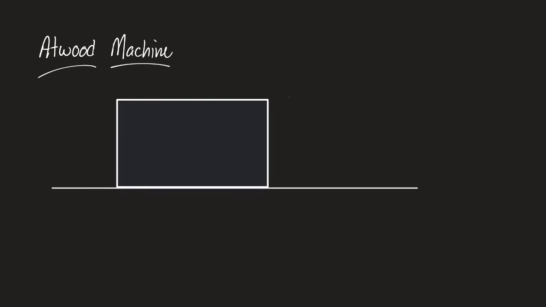So for a modified Atwood machine, generally the way I draw it is pretty straightforward. I usually put the floor in here, and then I'll put a table. That's not a table. There's a table. And then the box on the table, a pulley, and then the box hanging off the table.